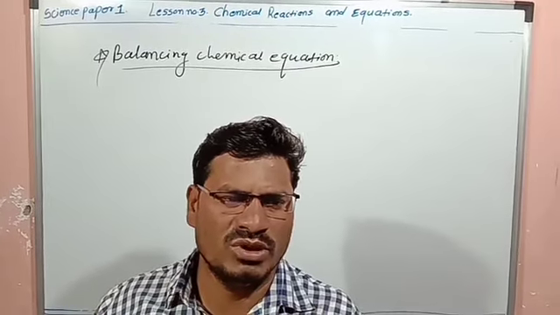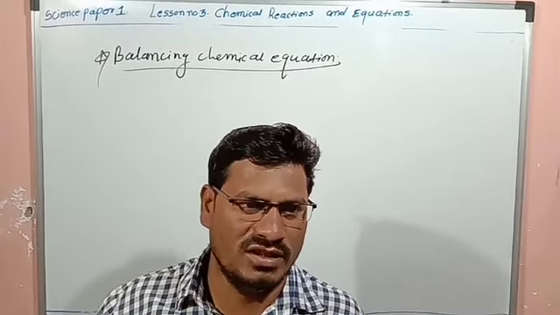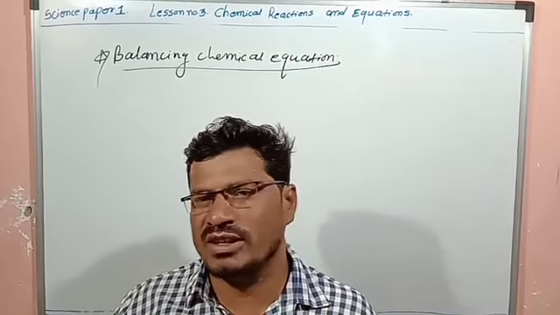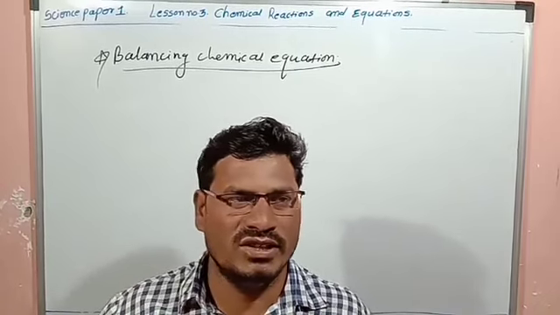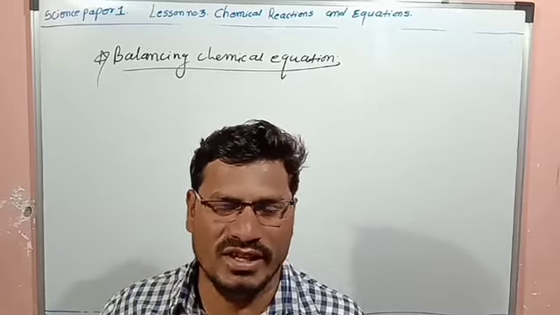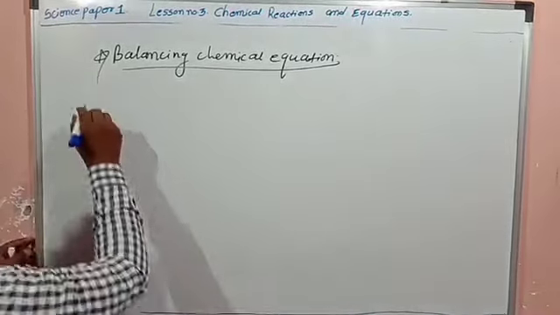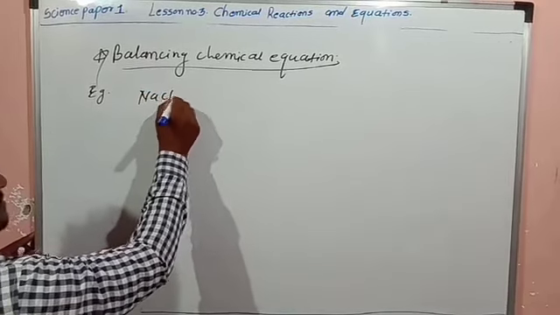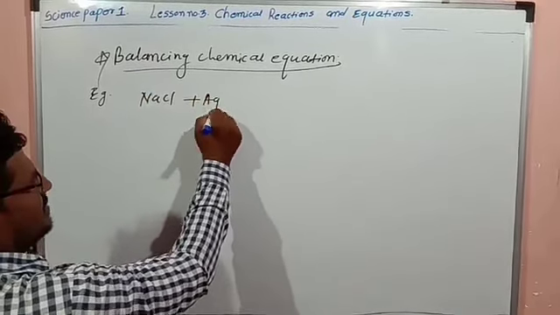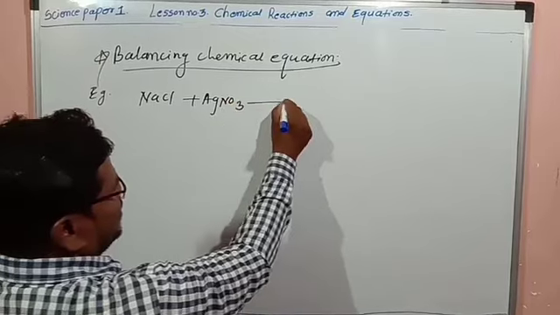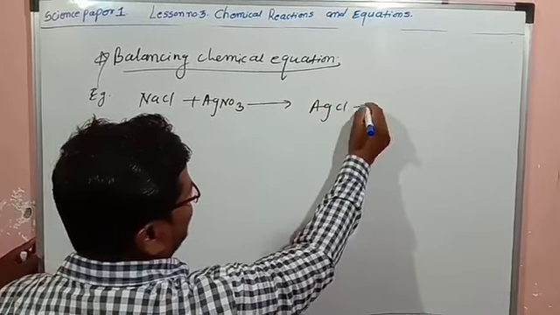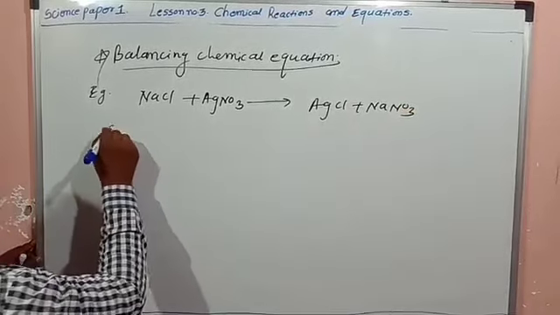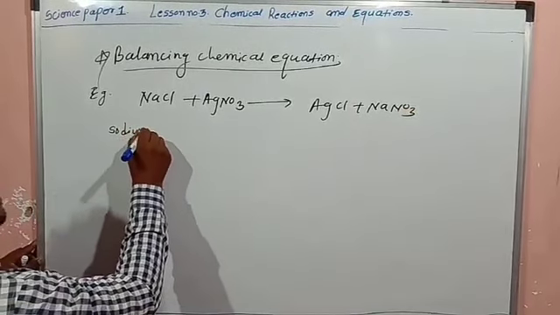So for that one example we are going to learn. Before this also we have taken NaCl plus AgNO3, it gives AgCl plus NaNO3. So the name of this one is sodium chloride.